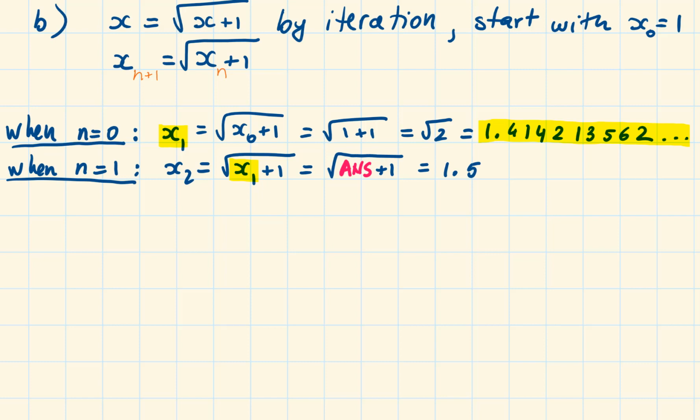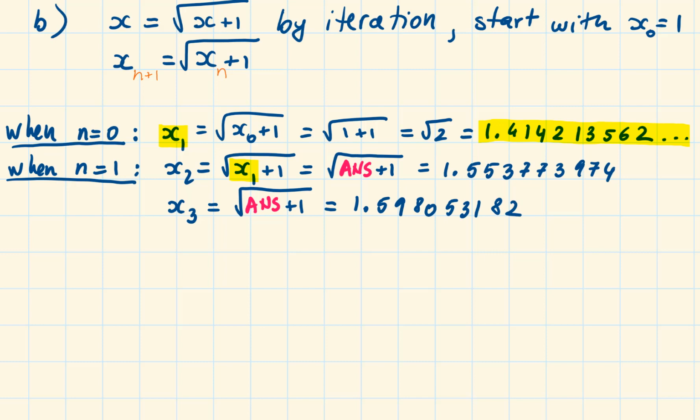So we have just created our iteration formula on our calculator. To work out x3, all you have to do is press equal once. If we press equal one more time, that will give us x4.